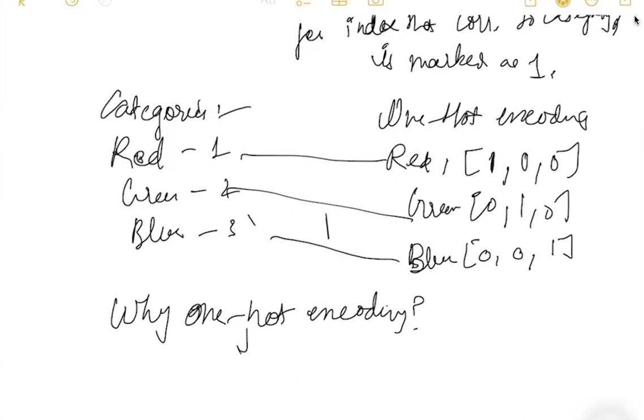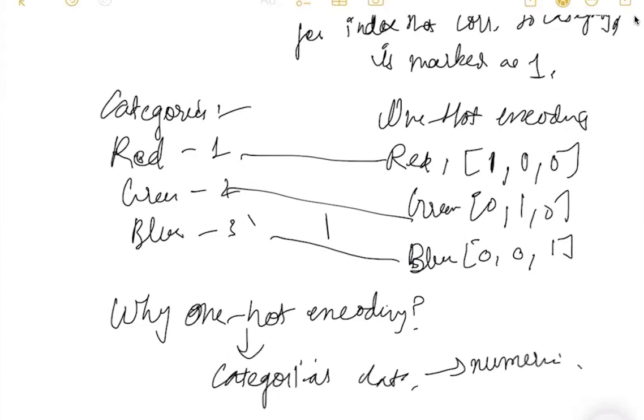So when we have categorical data and want to use it in a machine learning algorithm, we need to change it into numeric. To transform this categorical data into this format, we need one-hot encoding.